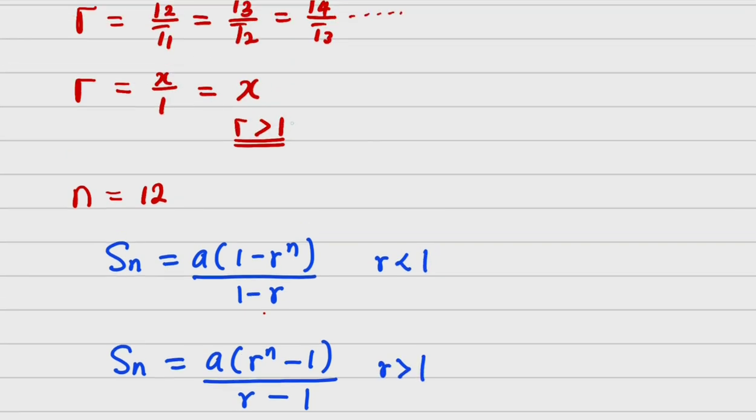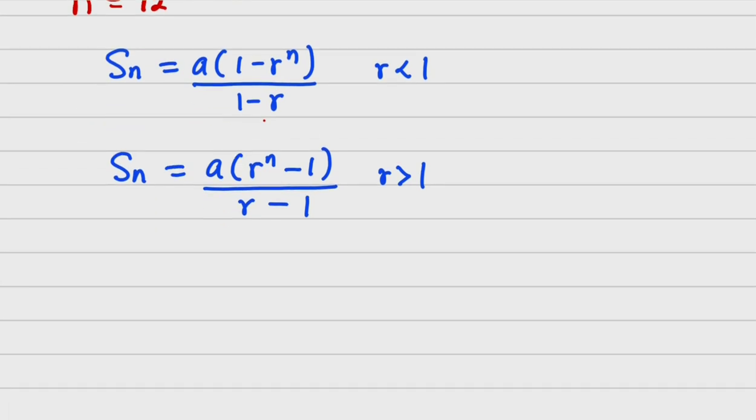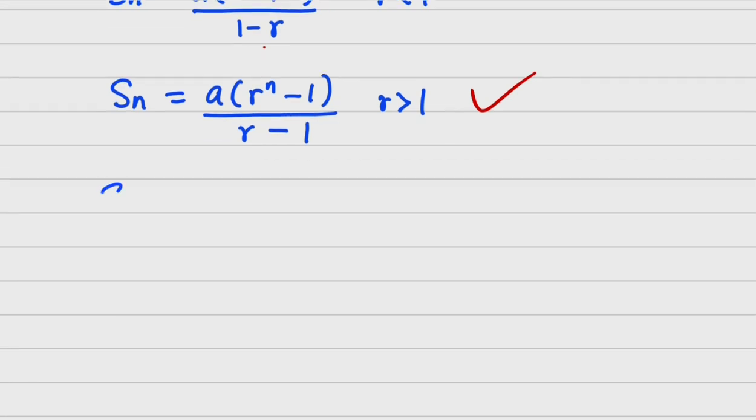I remember I told you to take note of this. We know that our r is greater than 1, so we are going with the second. Now we'll put in our values so that we are going to have S12, that is sum of the first 12 terms, is going to be 1 because our a is 1. Then we have r, which is x raised to power n, and the n, of course, is 12, minus 1.